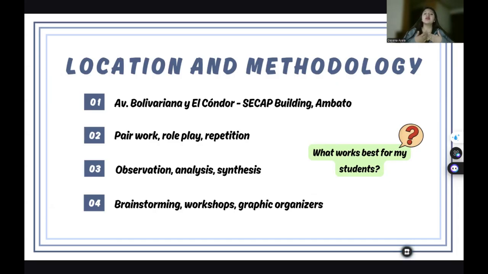In my case, I know that my students love to play and love to do group activities, so I decided to create pair work activities. But in your case, maybe they prefer to learn by games, so you can include strategies related to that. This is the important question you need to ask: what works best for your students?